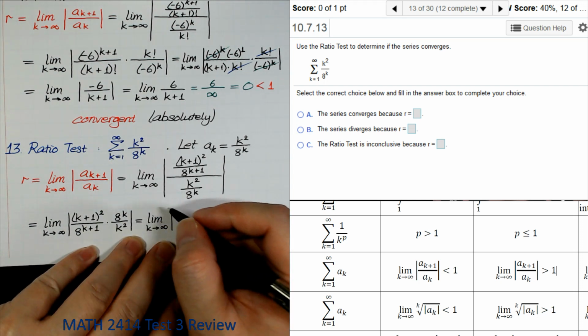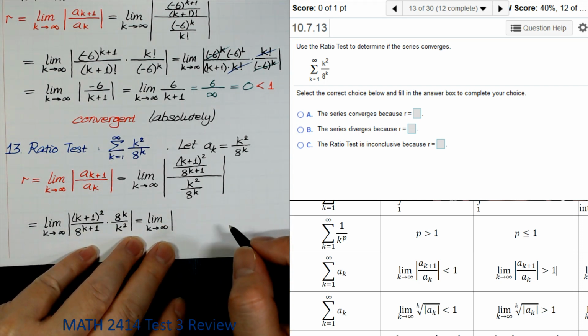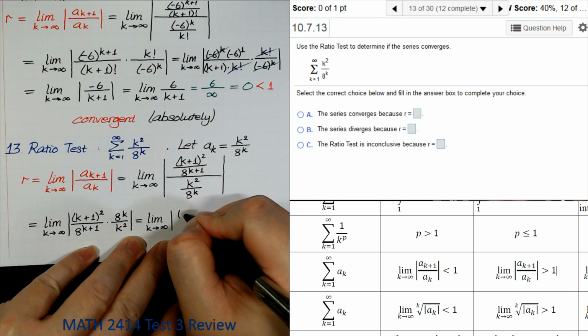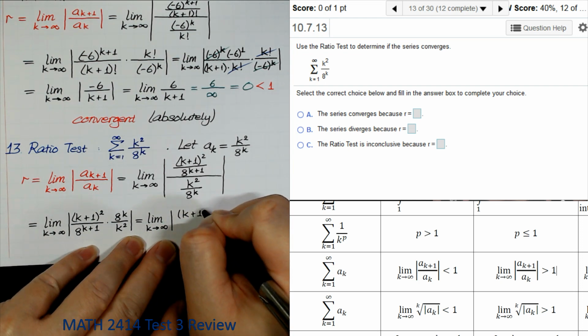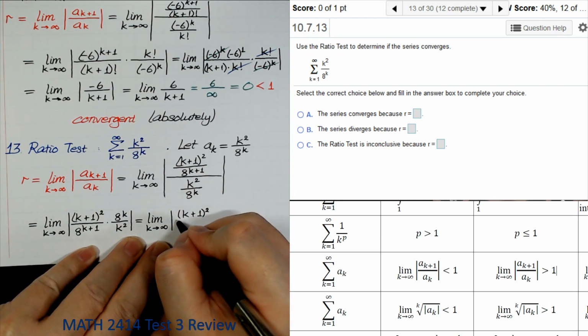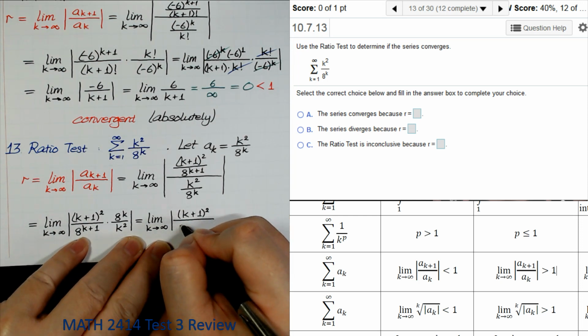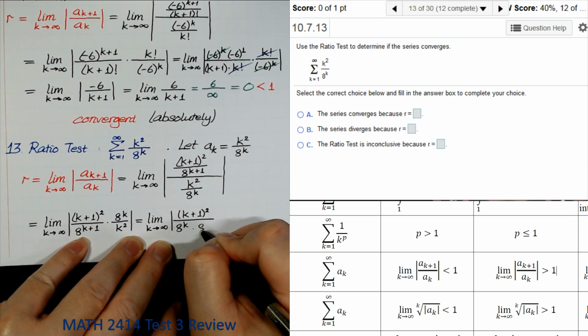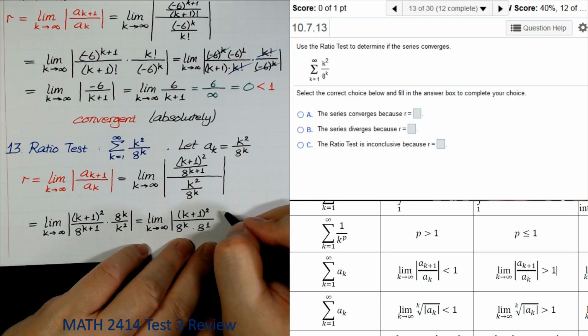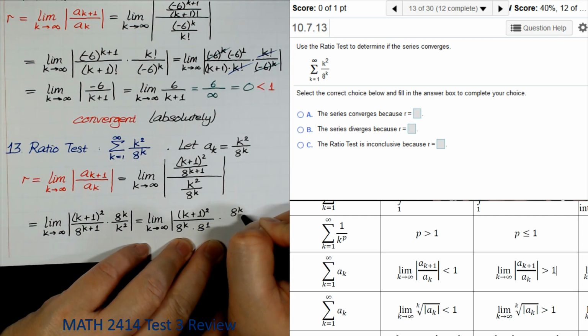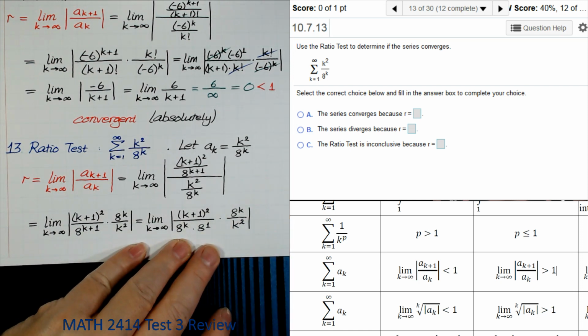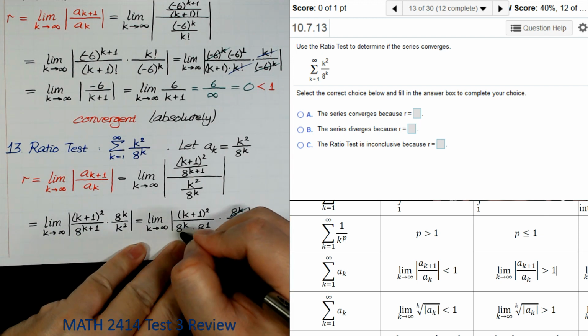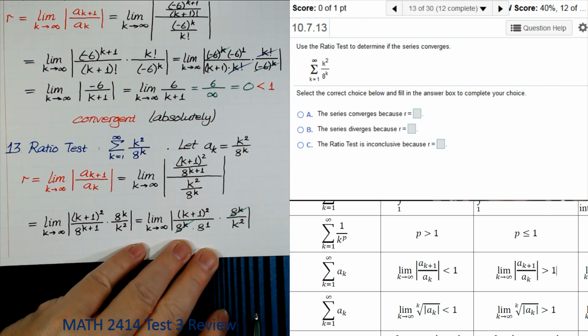Again, k plus 1 squared we cannot really do anything with, just that. But the bottom though, a to the k plus 1 over a to the k is a to the first. Cancel that out. We're left with that.